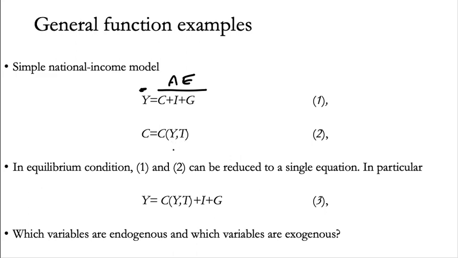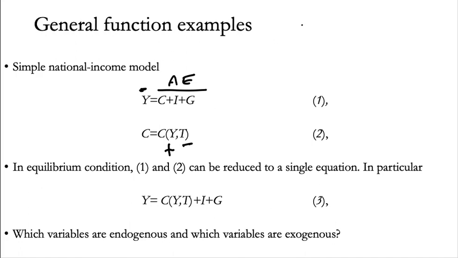Whether Y can affect C positively or negatively, or T can affect C positively or negatively, you can't find in mathematics. You have to find it in the study of economic theory. But we know that in economic theory, this one has a positive relationship with consumption, and this one has a negative relationship with consumption.